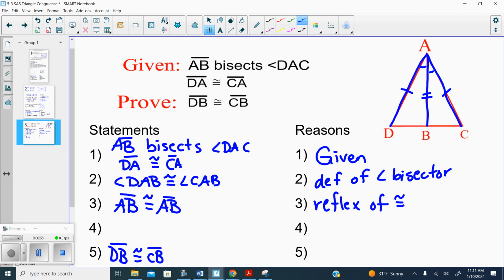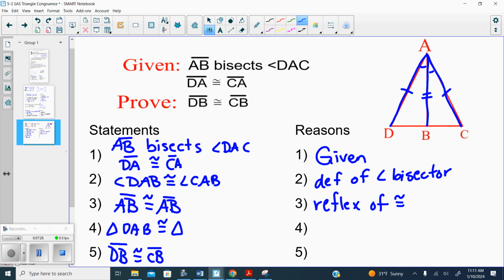Do you now have three things marked? Yes. So now you're ready to call triangles. It doesn't matter the order you write the first triangle. So I'm going to go triangle DAB is congruent to triangle... And every one of your proofs is going to have this triangle is congruent to this triangle.